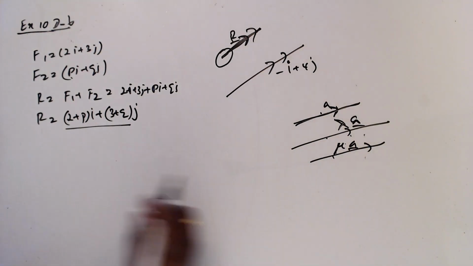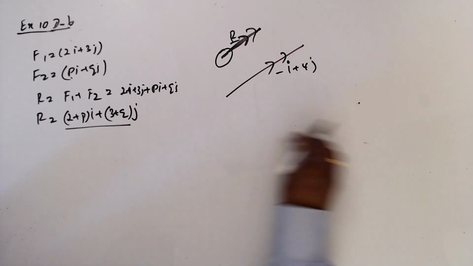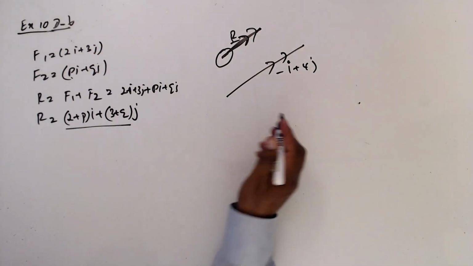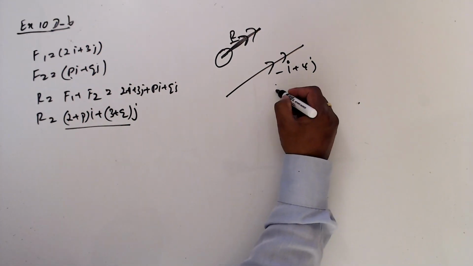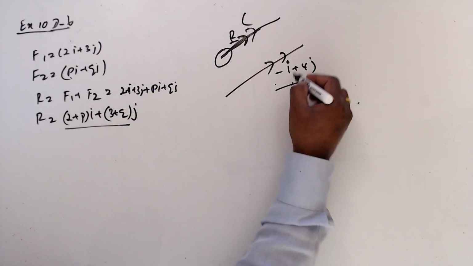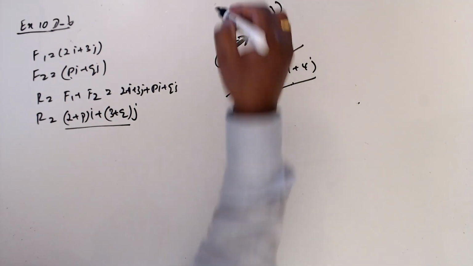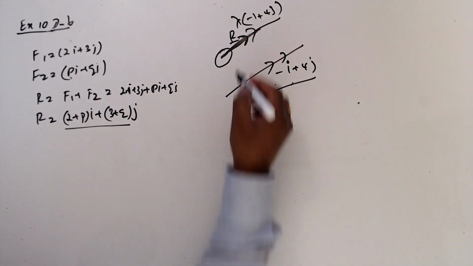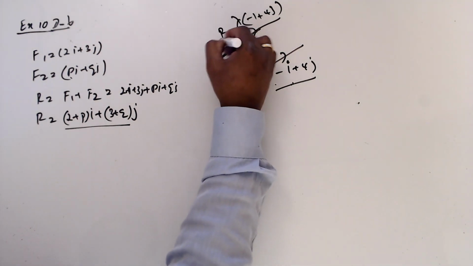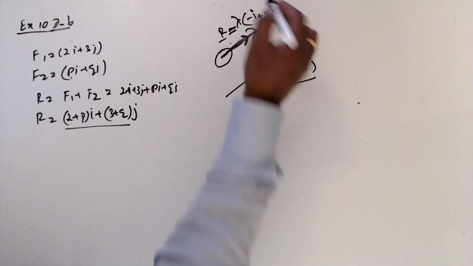Since this R vector is parallel, we can write R as lambda times minus i plus 4j.